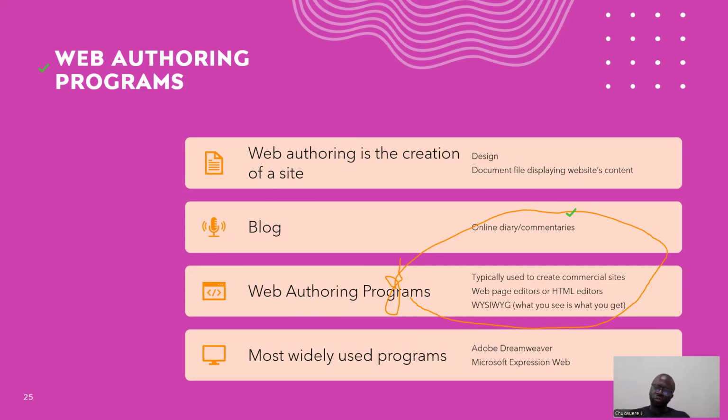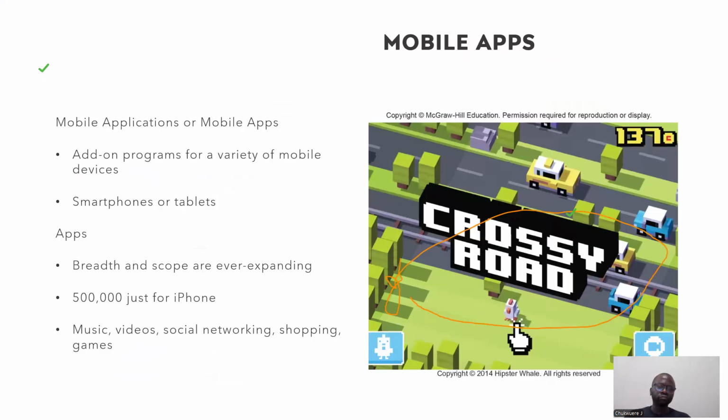What you see is what you get. That very slogan, the pictures you see, the way they are moving, and all the rest of them, is as a result of what your web authoring programs can do for you. The most commonly used ones are Adobe Dreamweaver and Microsoft Expression Web, and so many others.